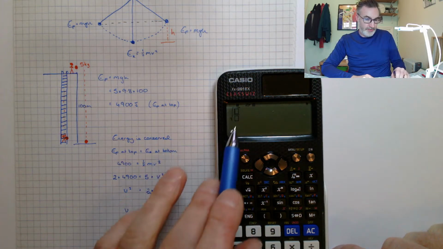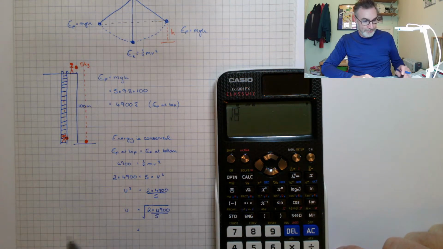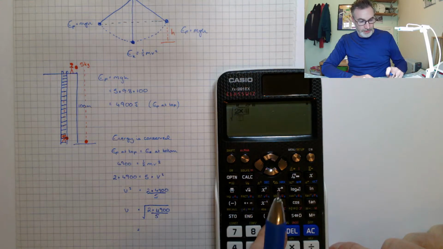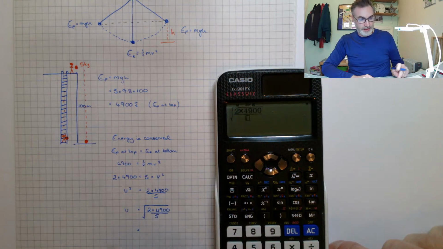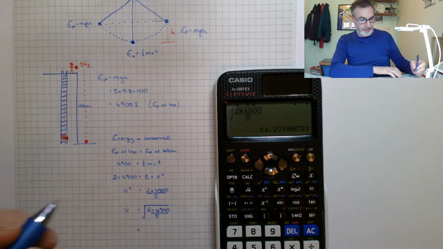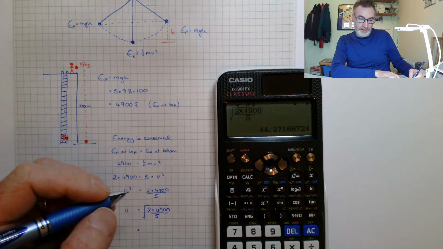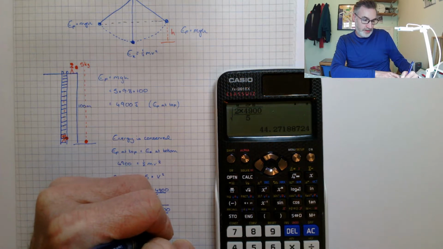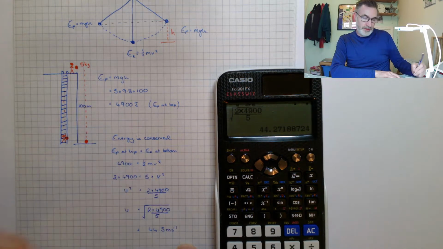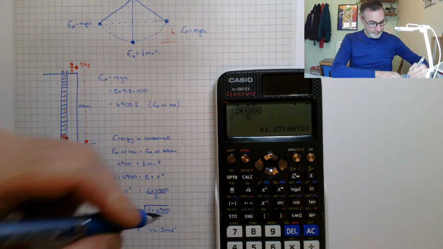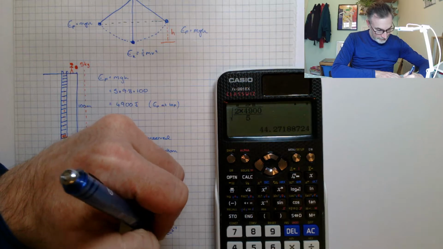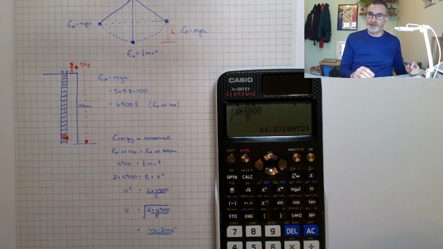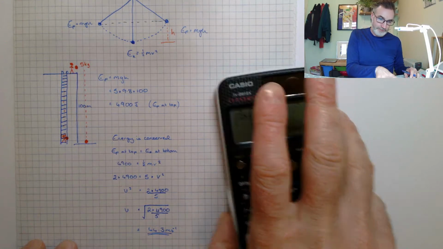I'll get the square root first, I'll get my fraction, and then 2 times 4,900 divided by 5, and convert that, and I get 44.3 meters per second. So that's conservation of energy.